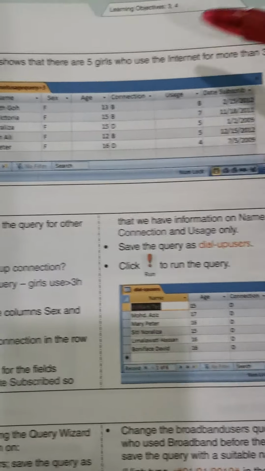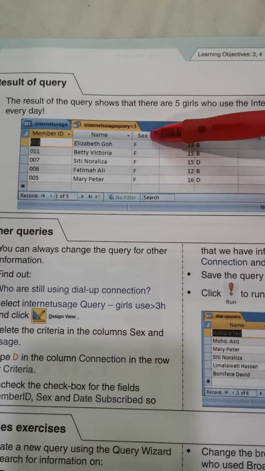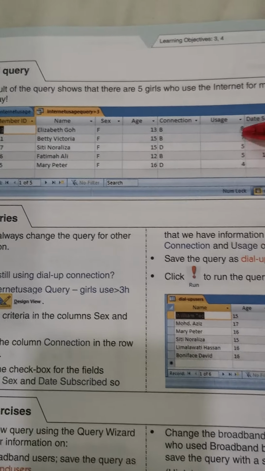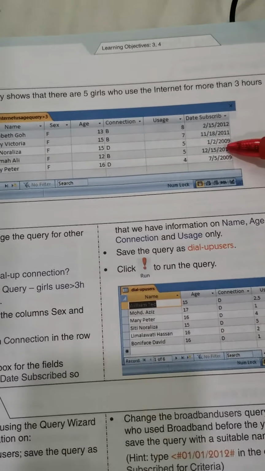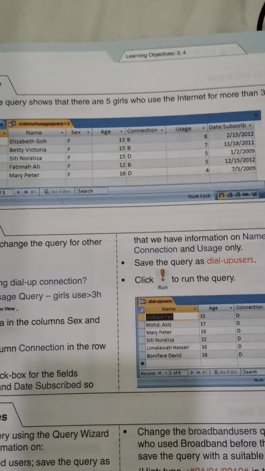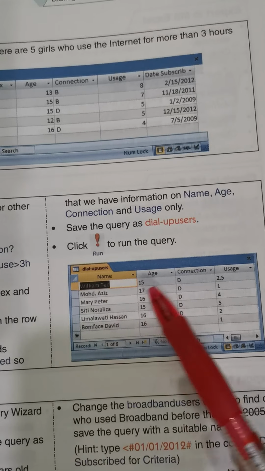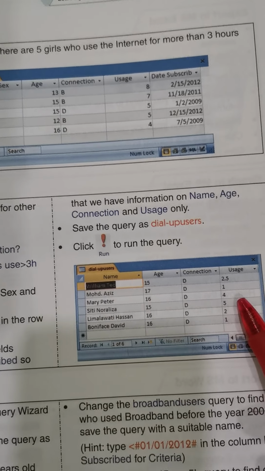If you notice up here, we have 1, 2, 3, 4, 5, 6, and 7 fields, right? From the member ID until the date subscribed. But we have to uncheck them so that we can only see name, age, connection, and usage.